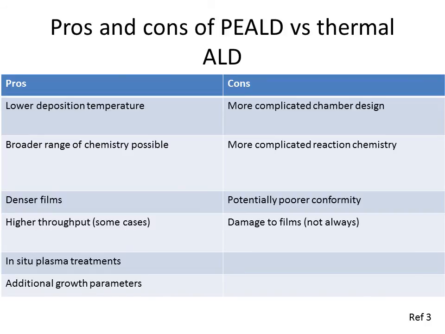Film density for PEALD is higher but potentially sacrificing conformity. PEALD can have a higher throughput, however, being a plasma can damage some films. PEALD is an in situ plasma treatment and also has additional growth parameters.